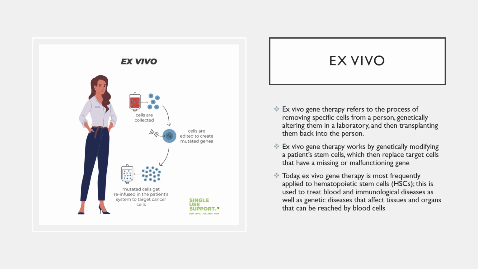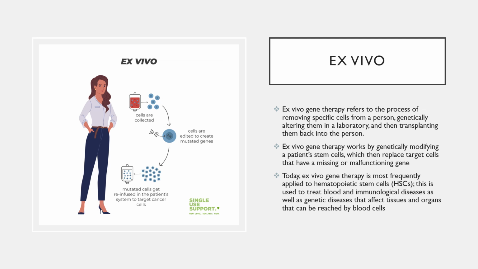Ex vivo gene therapy refers to the process of removing specific cells from a person, genetically altering them in a laboratory, and then transplanting them back into the person. Ex vivo gene therapy works by genetically modifying a patient's stem cells, which then replace target cells that have a missing or malfunctioning gene.